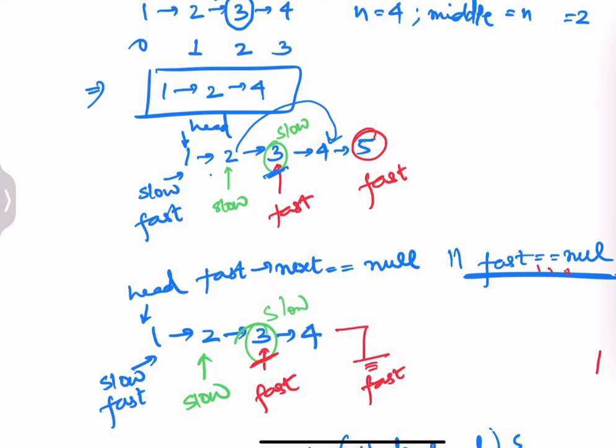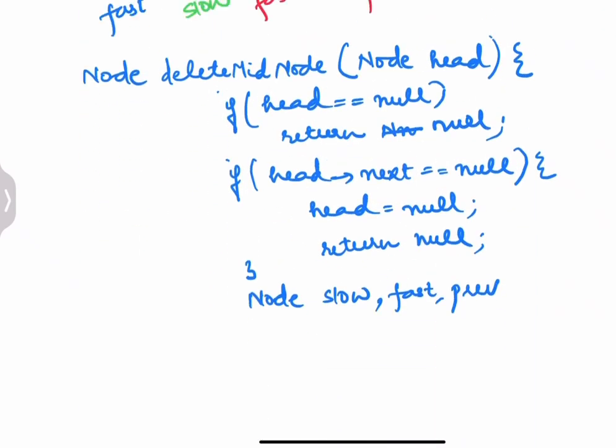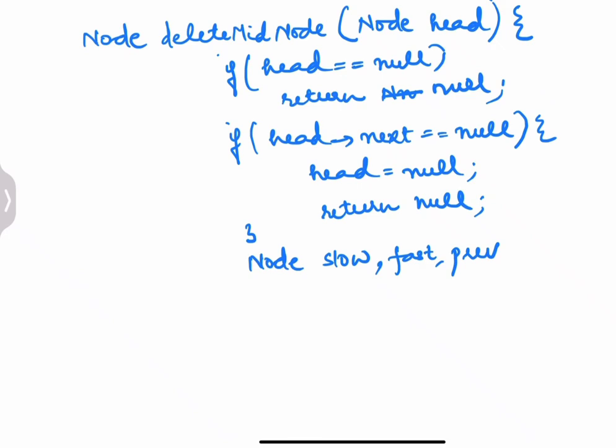For that, you need to know the previous of the slow. So we will have to keep track of the previous value as well, okay? All of these, slow, fast and previous, will be pointing to head.